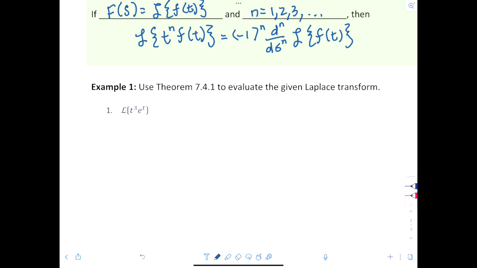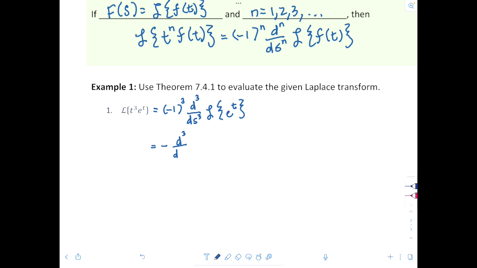So this is going to end up being negative 1 cubed, because n is 3, times the third derivative with respect to s of the Laplace transform of f at t, which in this case is e to the t. Cool so far? So we've got that negative 1 cubed is going to have us continue to have a negative, so that'll go along for the ride.